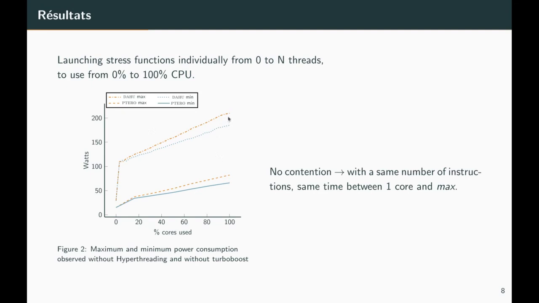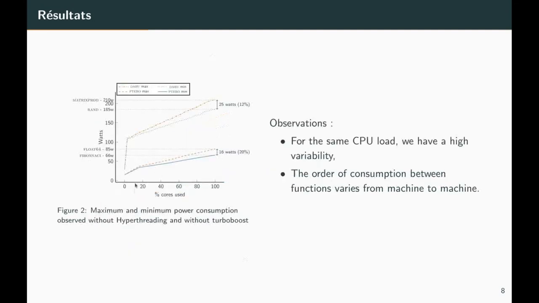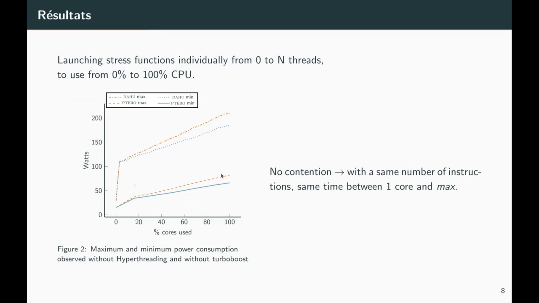The blue one is the minimum value observed because we run different programs, and the red one is the maximum value we observed on the server. So basically, with different loads and different programs, we can measure the evolution depending on the load.